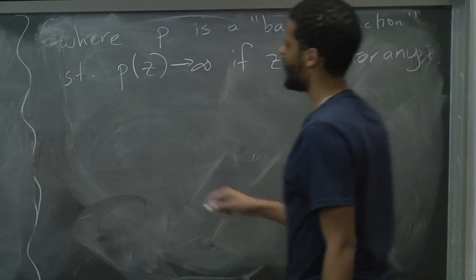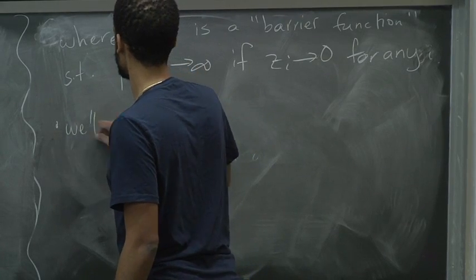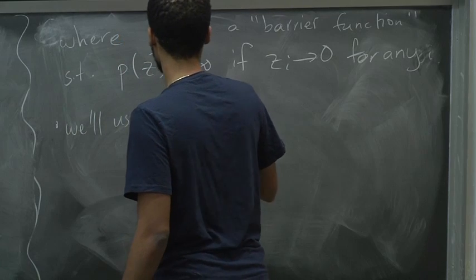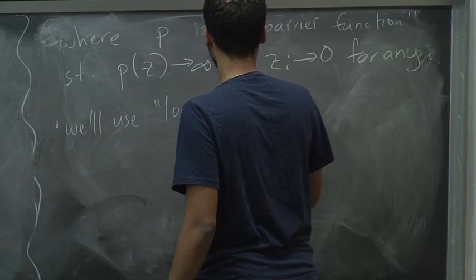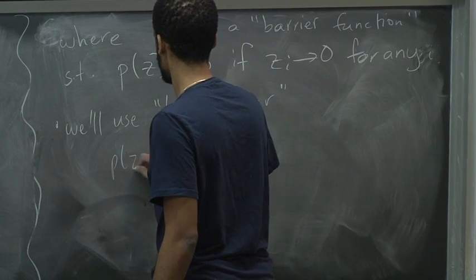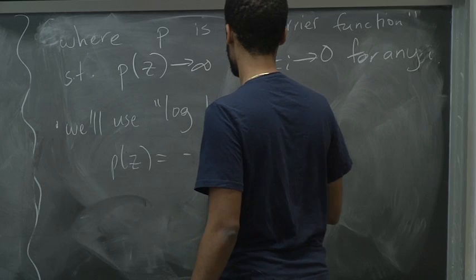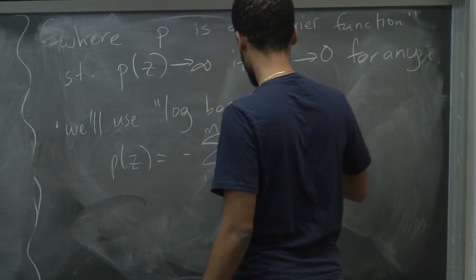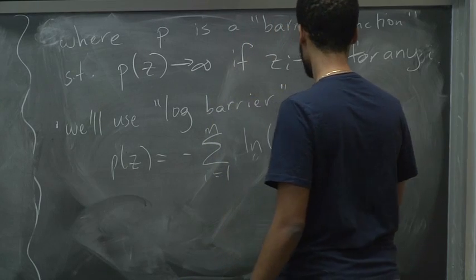Okay, and we'll use the log barrier, which is p(z) equals negative sum from i equals 1 to m of ln of z_i.